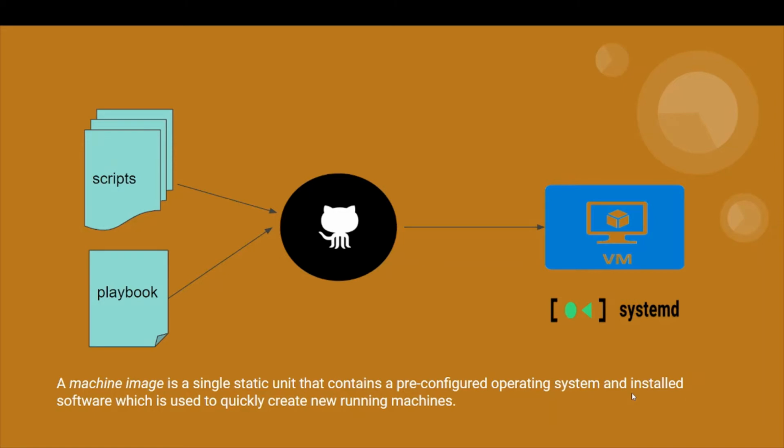So here we want to create a new running machine, like installing the HTTP and adding the index.html file. So this configuration is required.